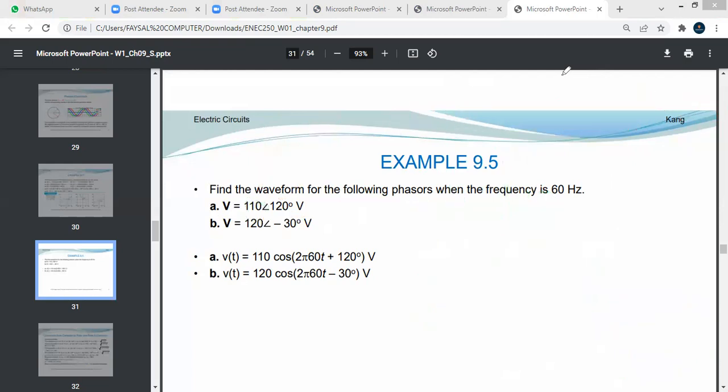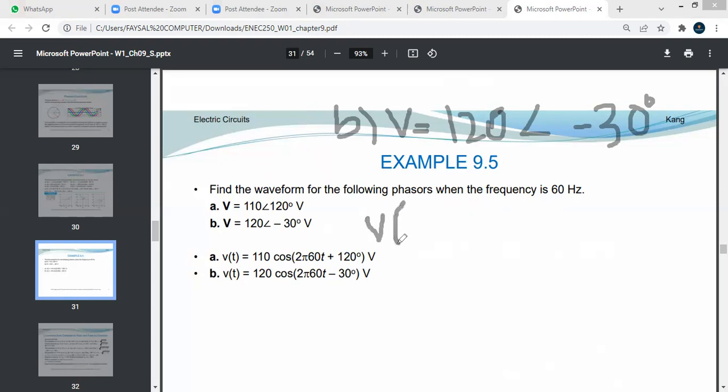Now moving towards part number B. Part number B will be my V equals 120 with angle equals minus 30 degree. So this will be written as V of t equals the value of amplitude.